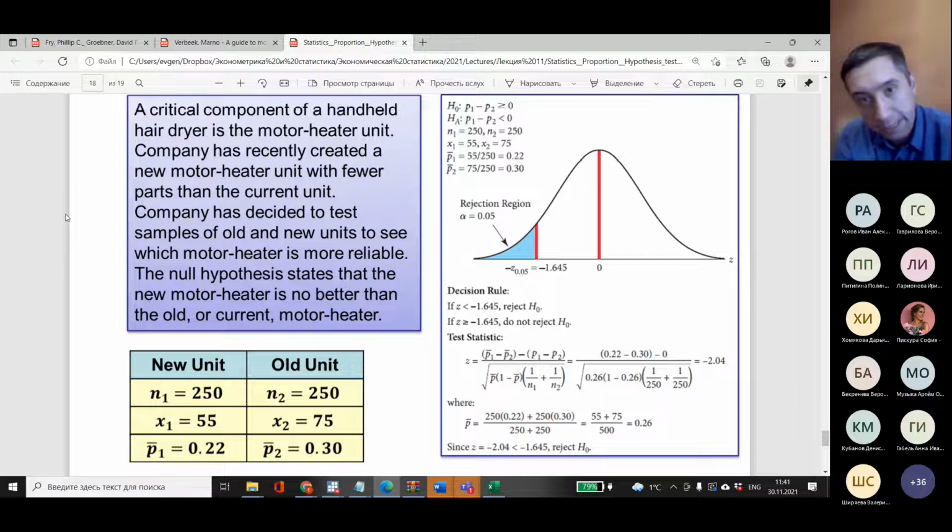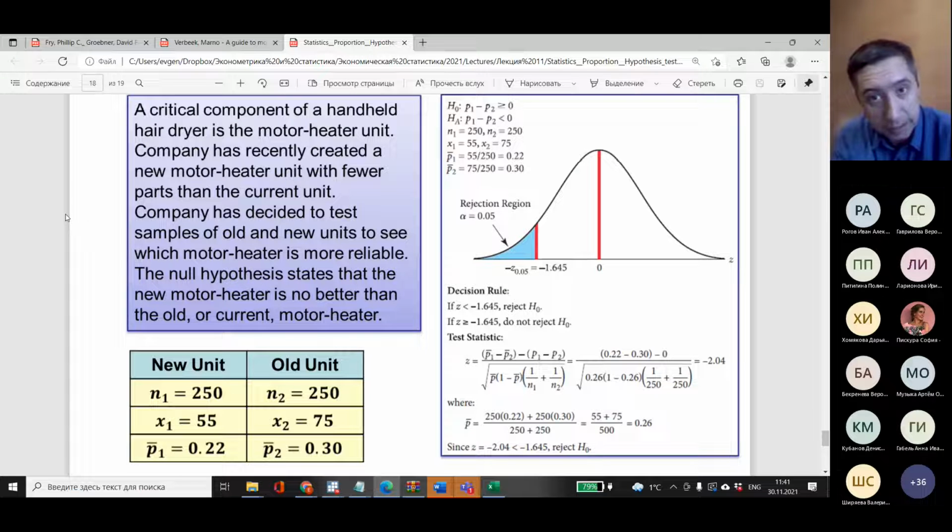We know that 0.22 and 0.30 themselves are random numbers, and we have to use these two random numbers to check whether population proportions are different.